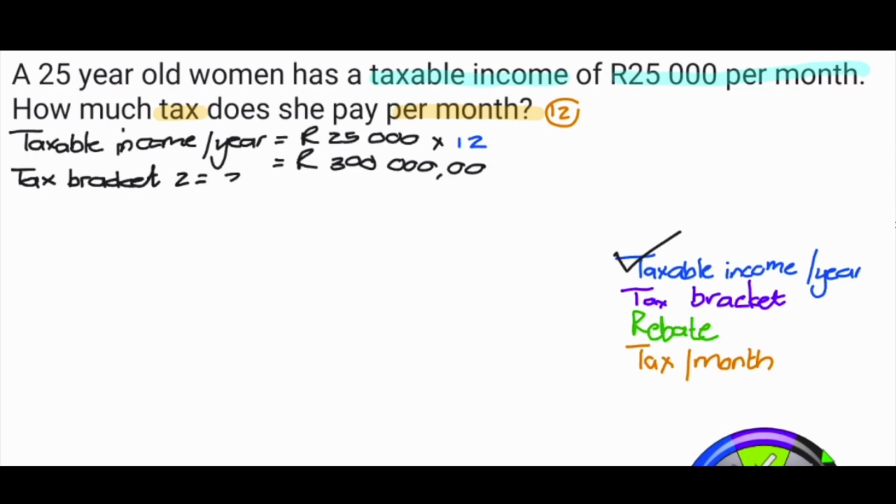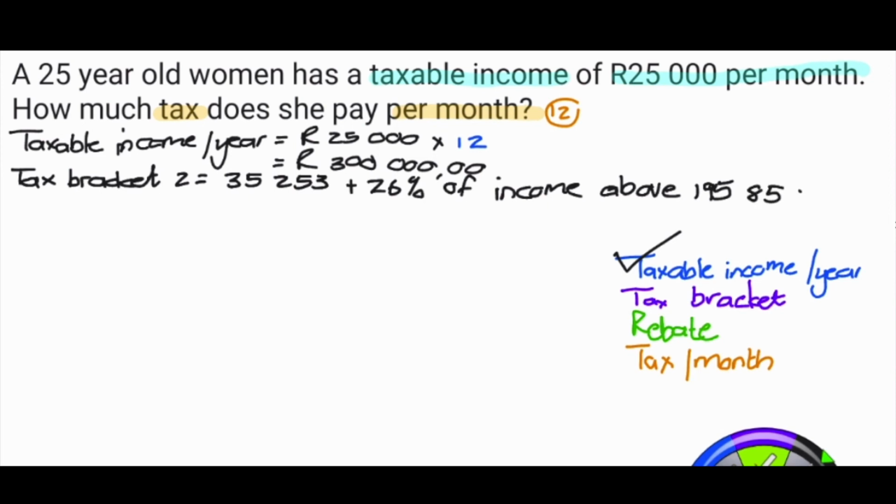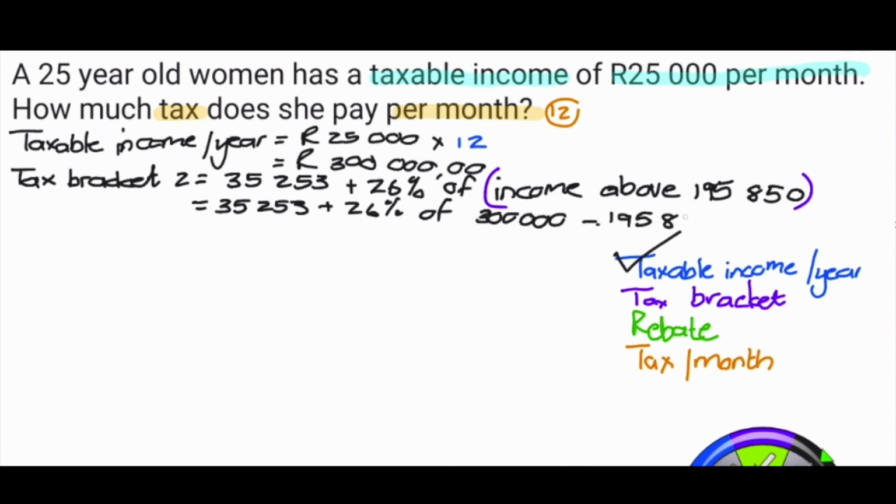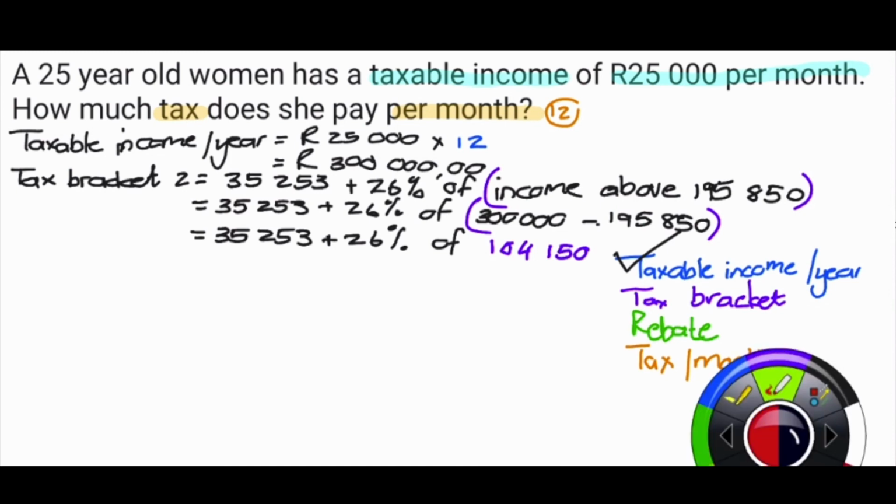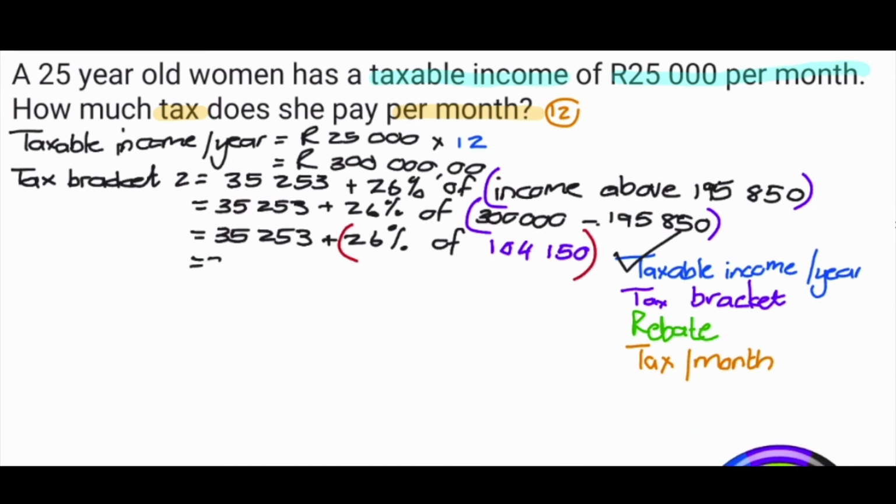Rewrite the information from the tax table. I'm indicating with purple brackets what I'm going to do first, and the percentage part of the calculation with red brackets.